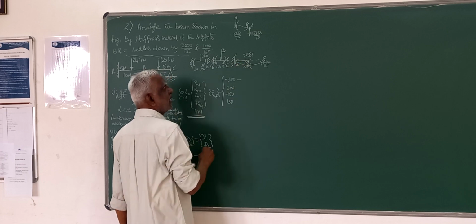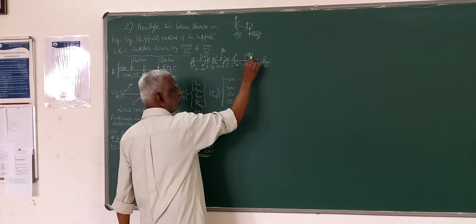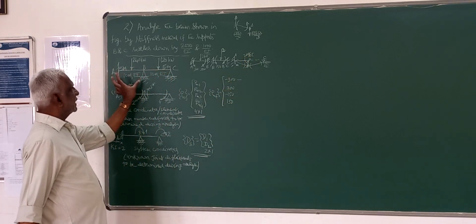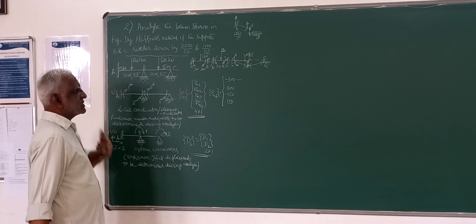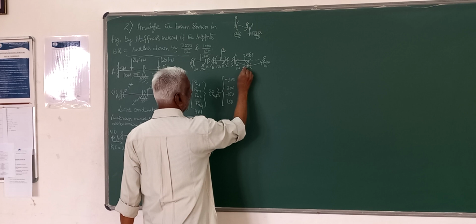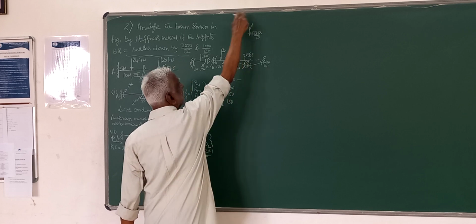That value will be 6 EI into 2000 by EI divided by L square, that is 10 square, so that value you will get as 120, and here also it is in the same direction, that is 120.